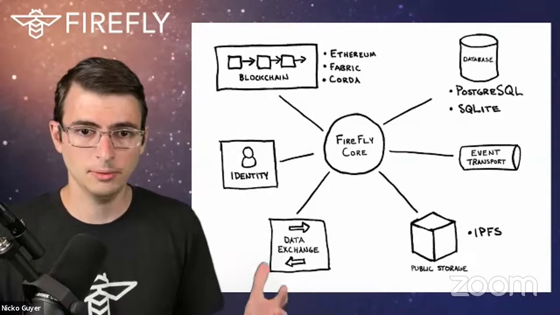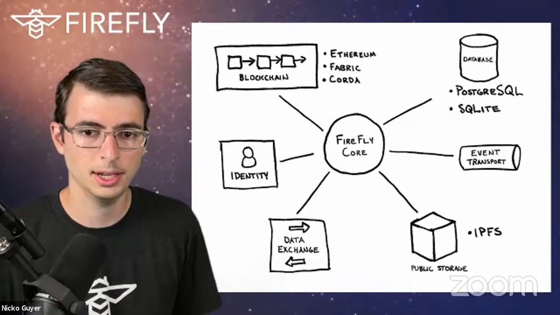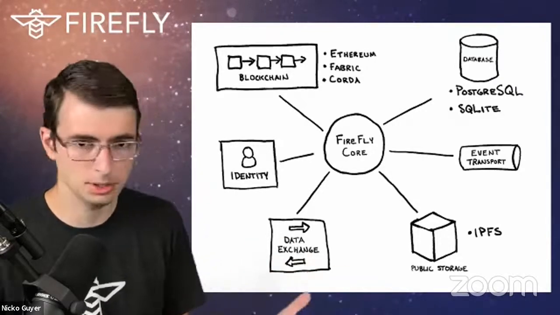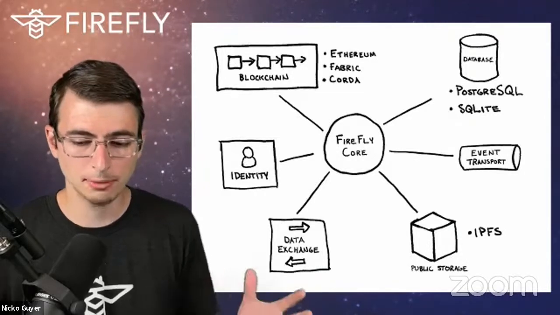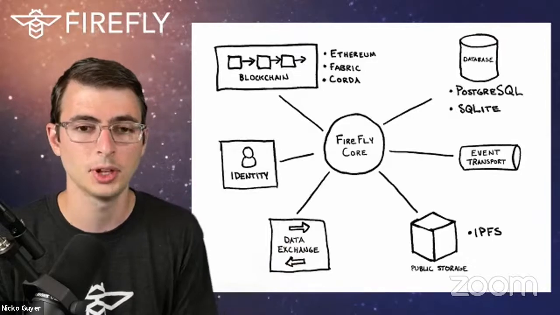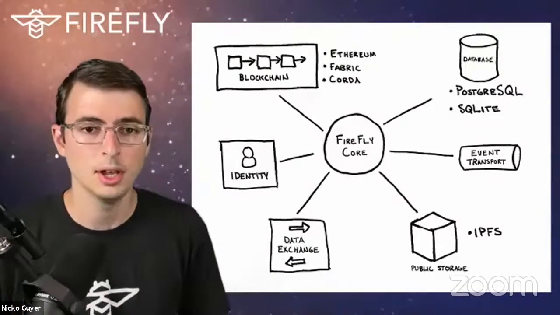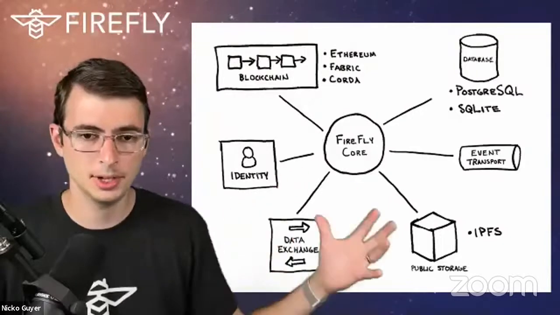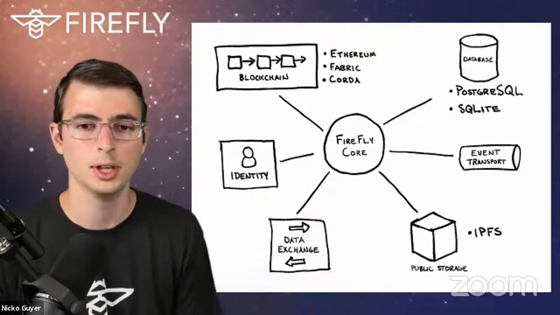I just want to very briefly touch on the plugin architecture of Firefly and kind of highlight some of the pieces in it. Peter alluded to some of this earlier, but Firefly is designed as a microservice architecture. And so there is a Firefly core. The core is written in Golang, but Firefly itself is a system that has a whole bunch of different parts to it.